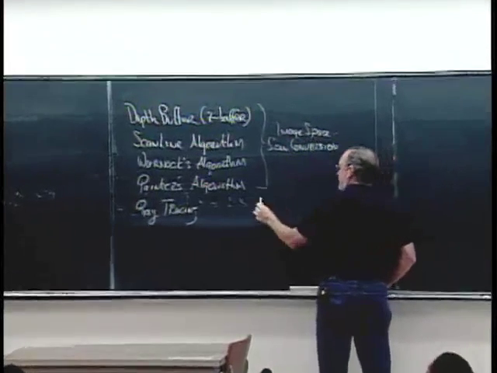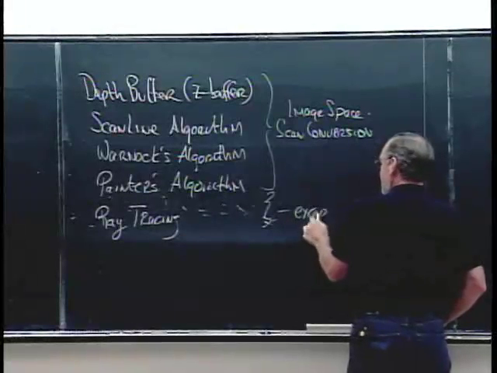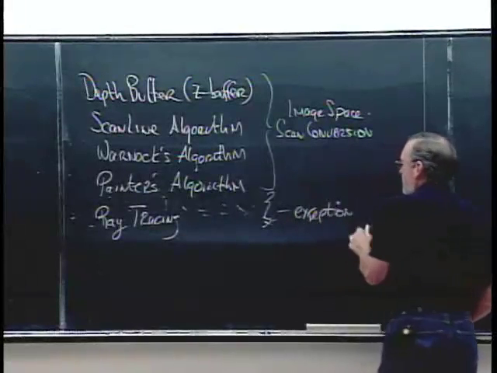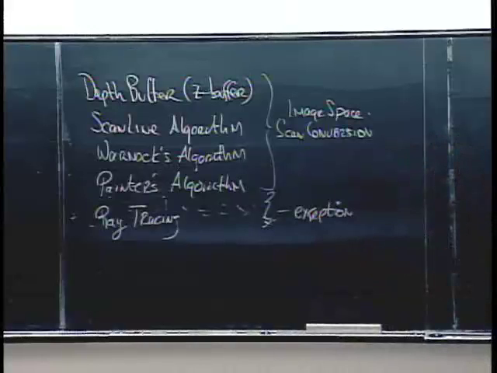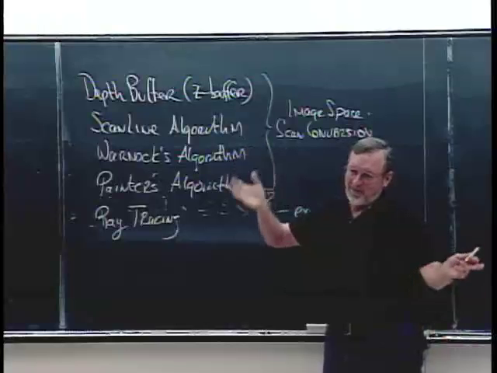They work in image space. Ray tracing is the exception to all the rules. The more you do these, the more you end up with interesting data structures and computer science problems. And after all, that's why we're here.